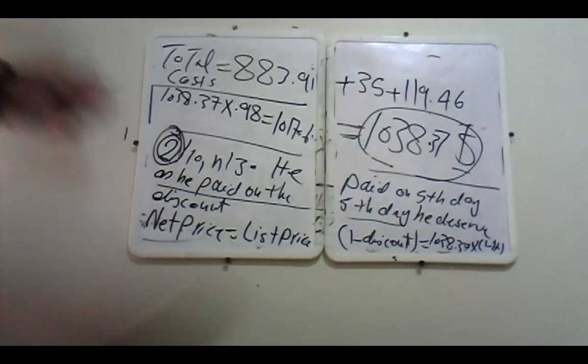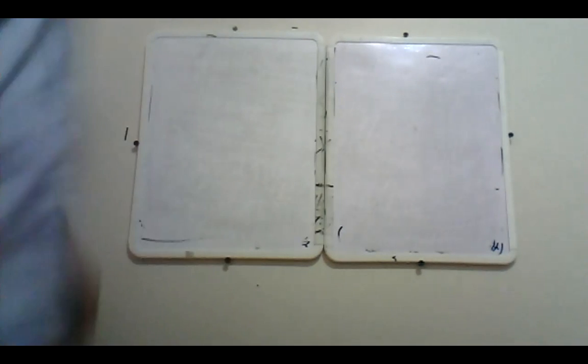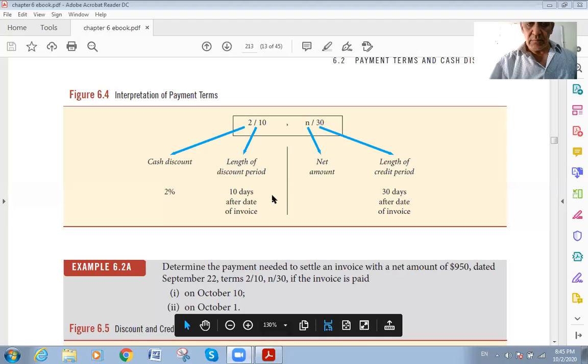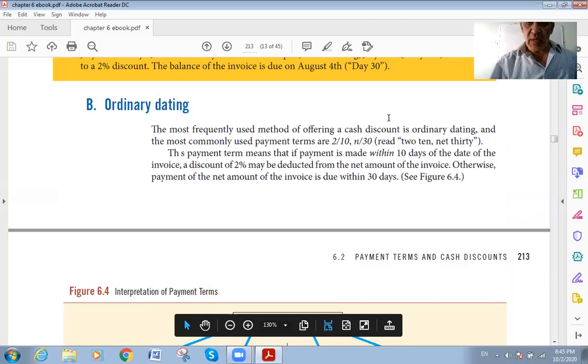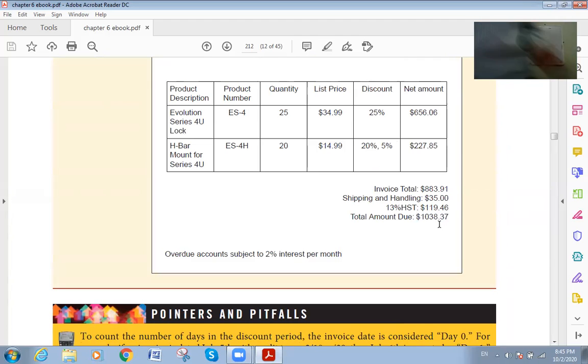Again, I will solve it for you. We said what the whole amount is, 1038.37.